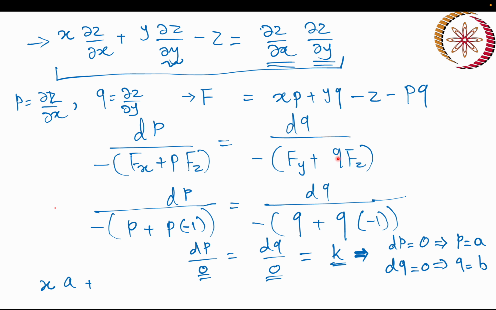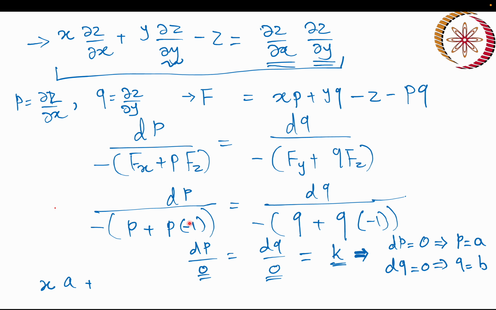If we take this combination, f of x we can find from this. We differentiate with respect to x, so this is the first term in the denominator, plus p into f of z, and that is nothing but minus 1. That's how we got the first term, and similarly we get the second term.